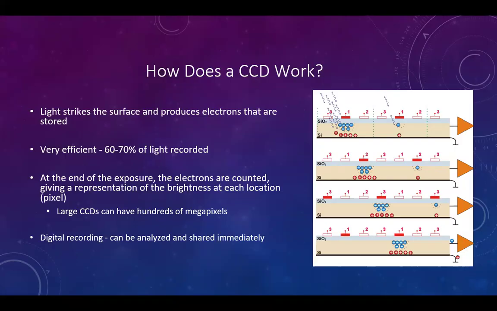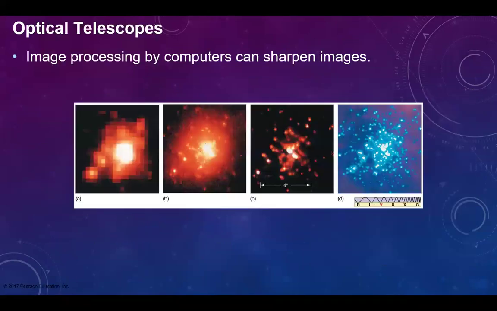And large CCDs, like the ones they use for astronomy, are big. And they can have hundreds of megapixels or more. And also because this data is digitally recorded, it can be analyzed and shared immediately, which is very convenient. Now, you don't have to go develop a picture and things like that. And you can then email it to your associates.